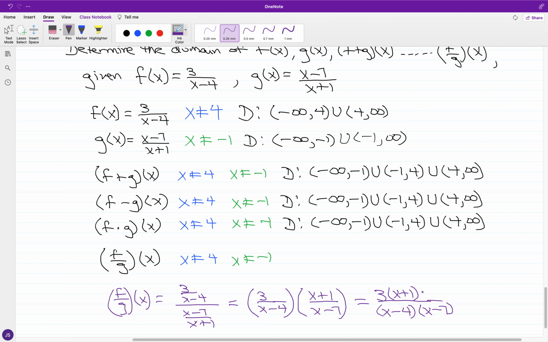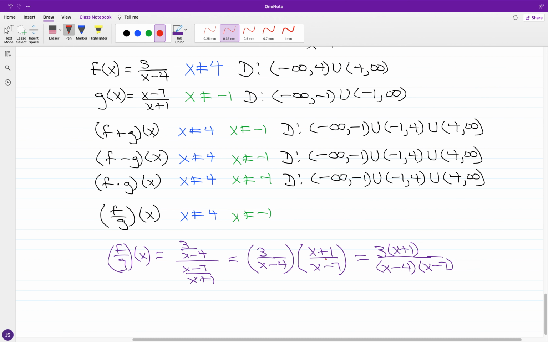Before, I had x minus 4 and x plus 1 in denominator position. But after taking the reciprocal of the bottom fraction, what was x minus 7 in numerator position has been flipped over, and x minus 7 also cannot be 0. So 7 is going to be left out. For the domain, just rank ordering, we still have -1 as the smallest value left out.